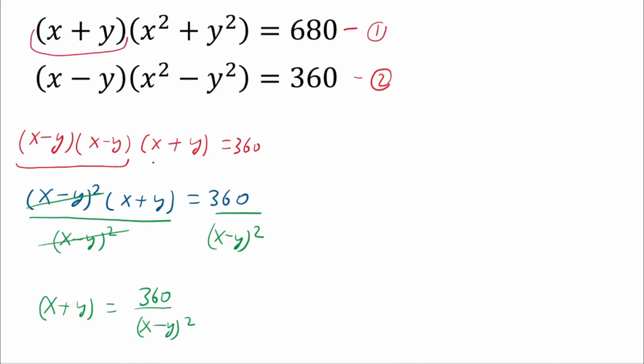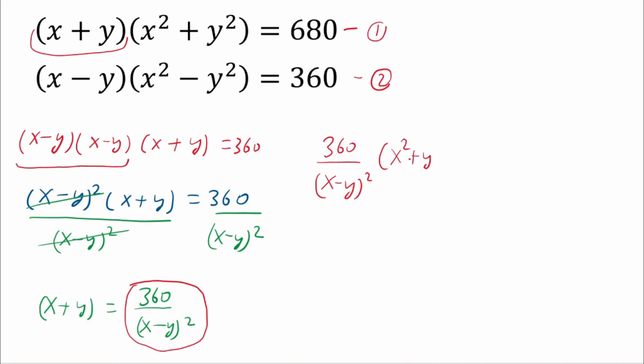Now x + y is replaced by 360 over (x − y)², which is multiplied by (x² + y²), and this equals 680. If we multiply both sides by (x − y)², then on the left-hand side 360 is multiplied by (x² + y²), and this equals 680 times (x − y)².